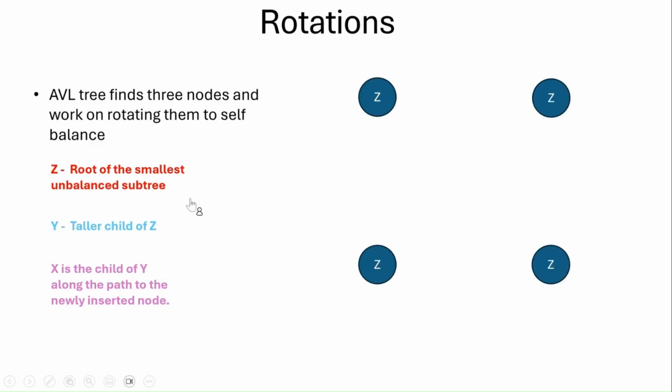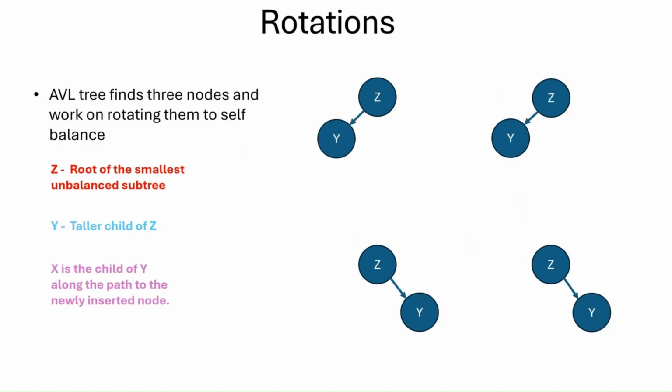Let's say Z is the root of the smallest unbalanced subtree. Now Y is the taller child of Z. Now Y can be the left child of Z or Y can be the right child of Z. Right? Now X is a child of Y. Right?